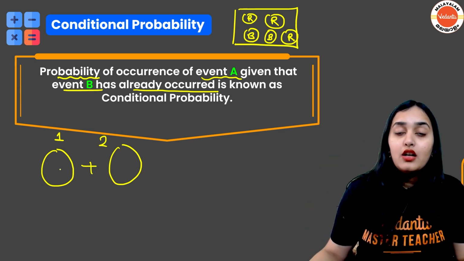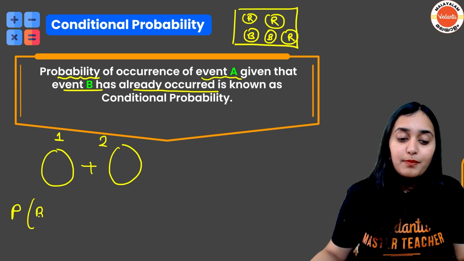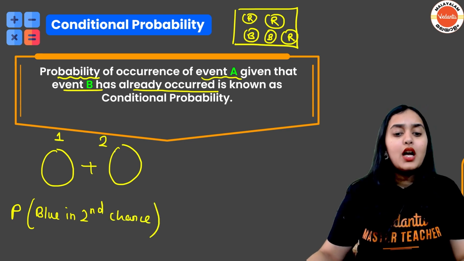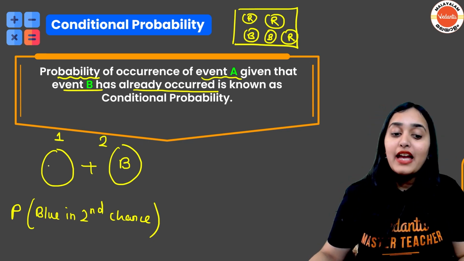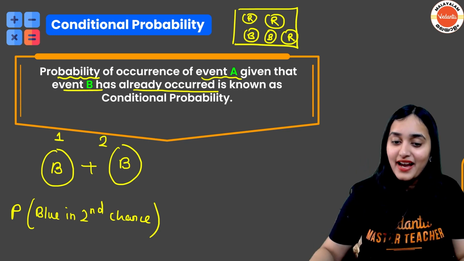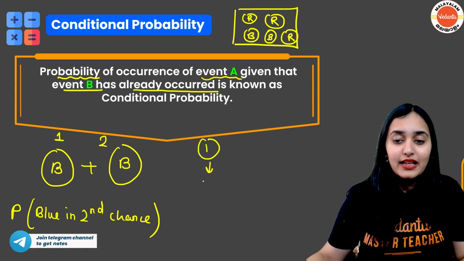So, if I ask you what is the probability of getting a blue in the second chance? Now, will getting a blue in the second chance be affected by getting a blue in the first chance? Yes. Why? Because in the first chance, getting a blue is basically 2 blue balls out of 5 balls.